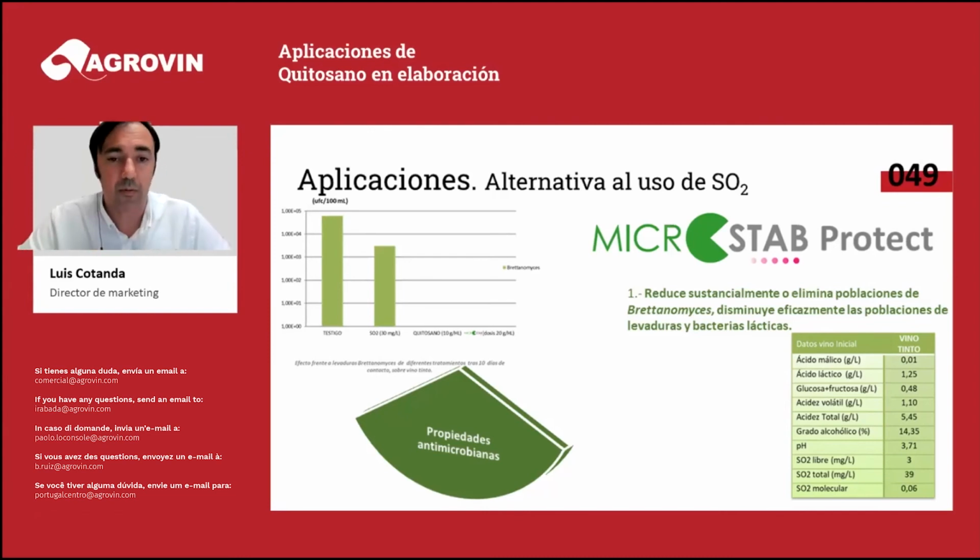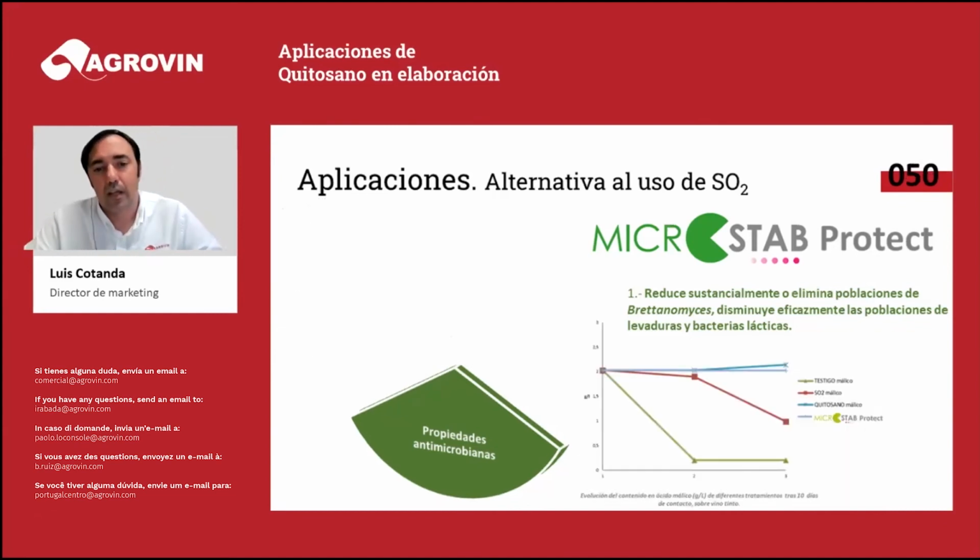We were able to cultivate that treated wine, and we could not find Brettanomyces. And we performed another test with lactic bacteria with the same system. We harvested lactic bacteria.